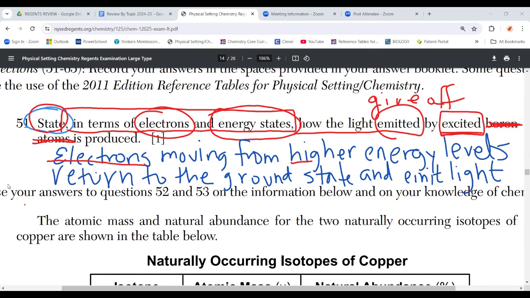I specified that I was going from a higher energy level to the ground state, which is kind of like a normal energy level for an atom. It's like where they would keep their electrons if nobody gave them any energy. Okay, sorry, that got a little bit rambled.